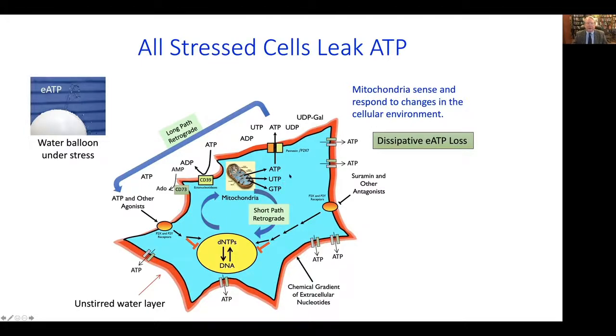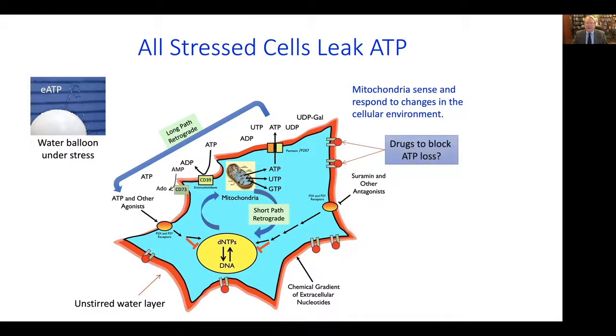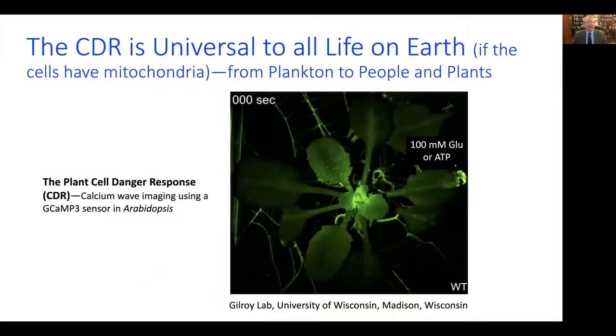Because if ATP is lost from the cell to the outside, then there's less ATP available for growth and metabolism and normal cell functions, because that ATP, when it leaves the cell, becomes a signaling molecule that signals inflammation. So it turns out there are drugs that can potentially block this, and we identified one that is called Suramin that I'll be able to talk to you about at the end of this.